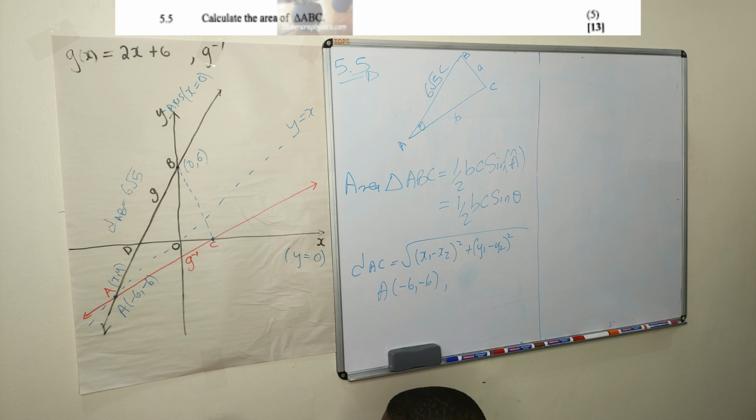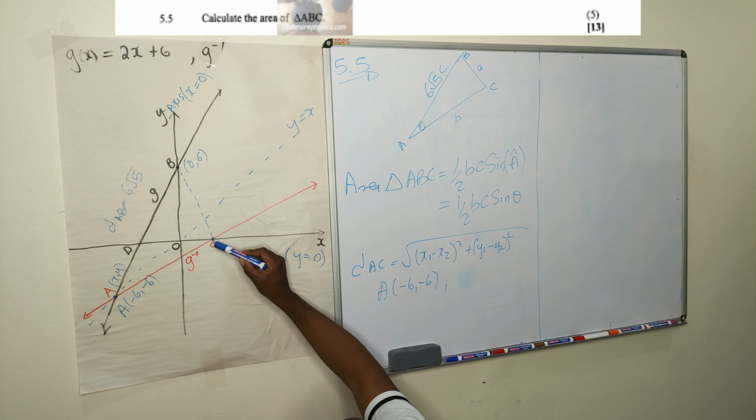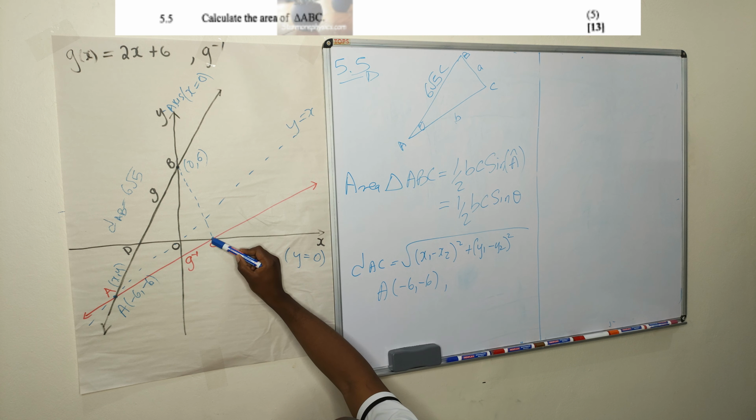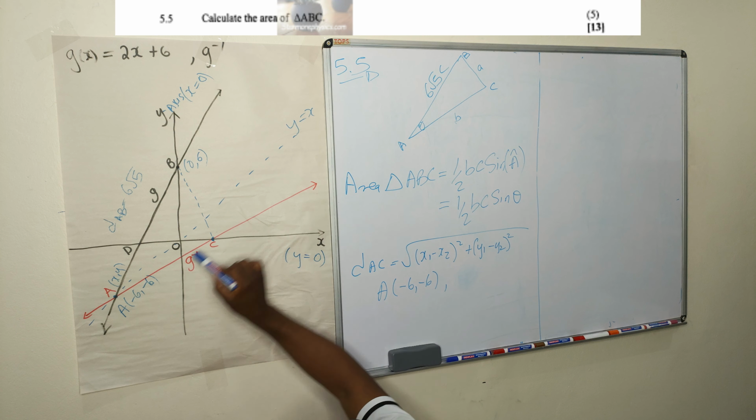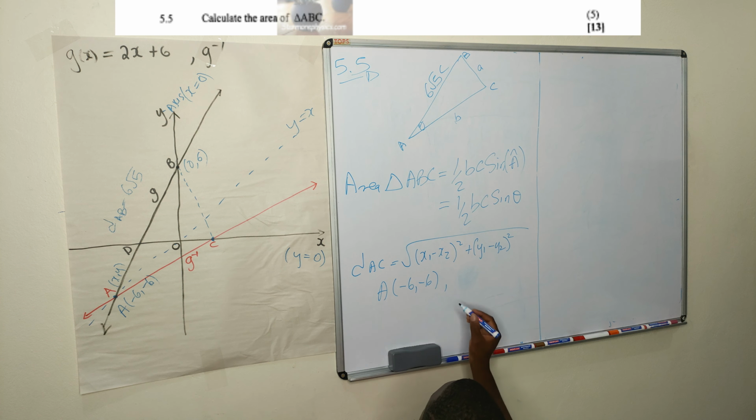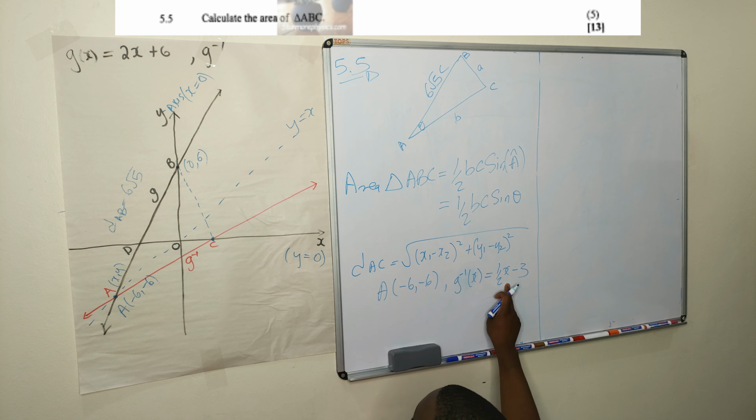So if you know that the y is equal to 0 here, and this point lies on the inverse, the equation of the inverse is g inverse of x is equal to 1 over 2 x minus 3, right? That's the equation of our inverse.